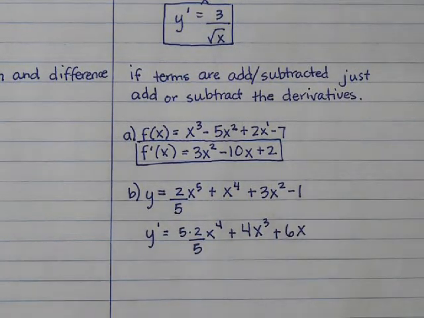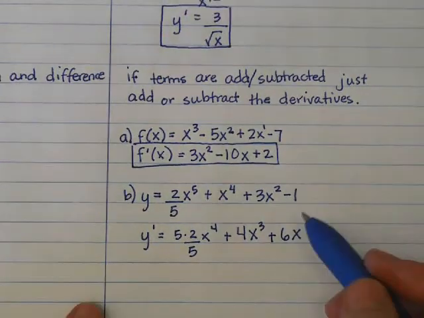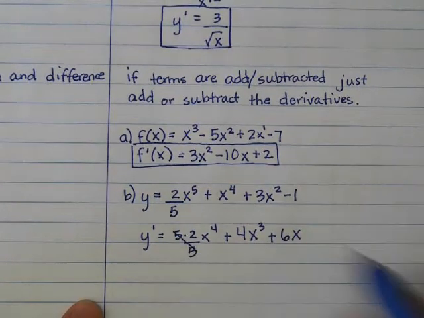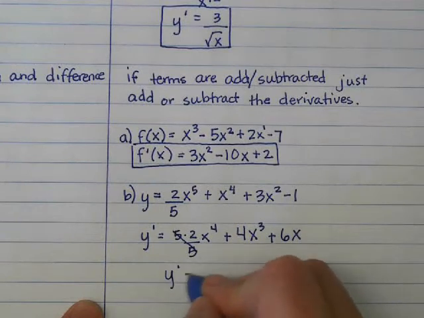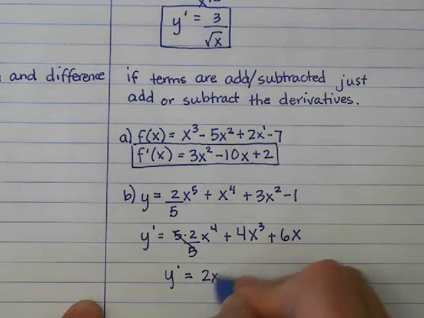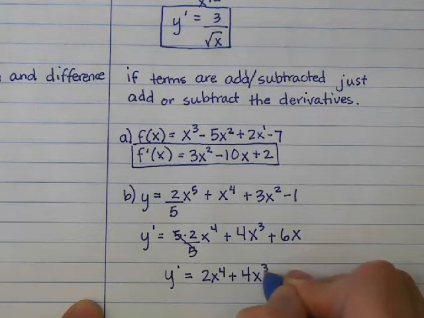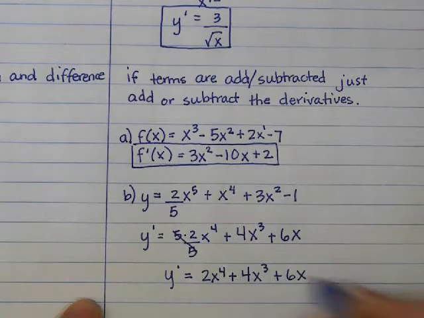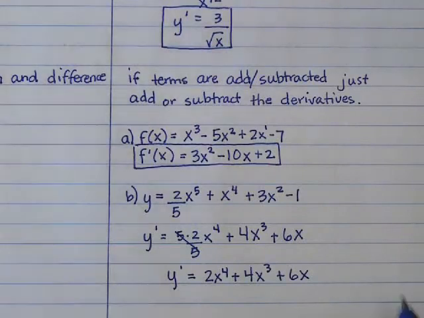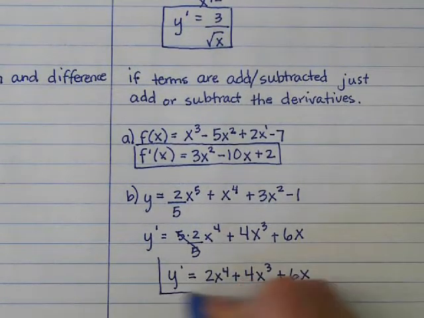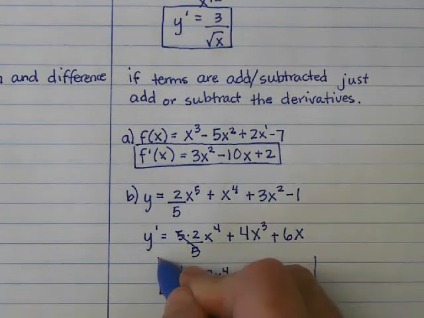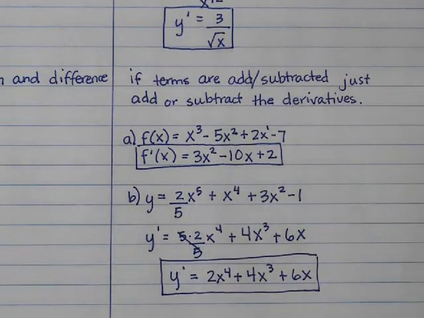The derivative of a constant is 0. So those are going to reduce to 1. And there is our derivative. So, like I said, you'll get to the point where you can easily do these guys in your head.